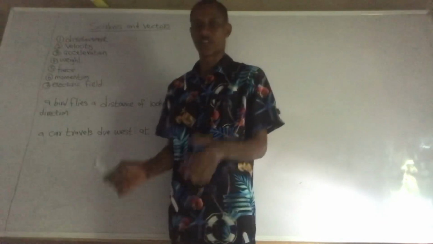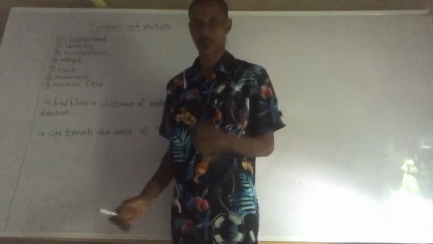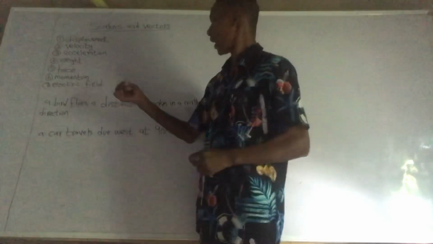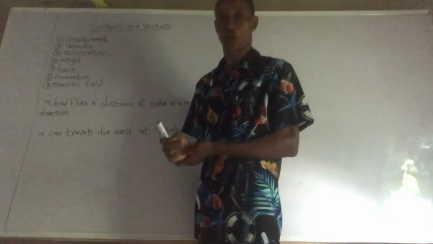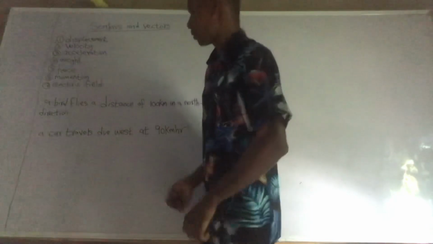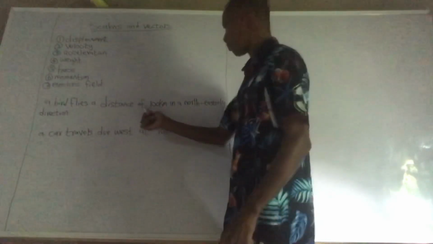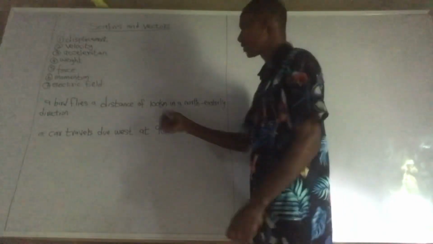That means if there is distance in a specified direction, what you have is displacement. Now let's take this example to explain how displacement is a vector quantity. Now looking at this statement, a bird flies a distance of 100 kilometers in a northeasterly direction.